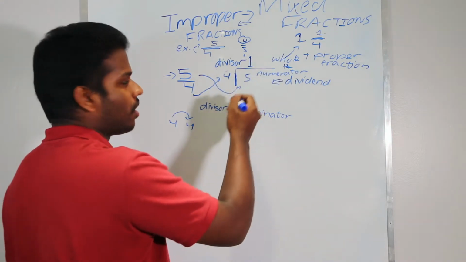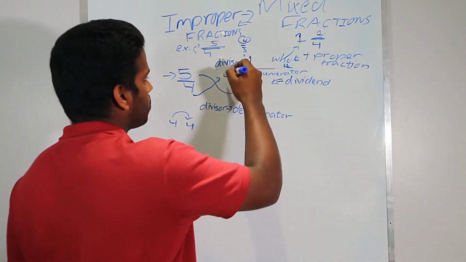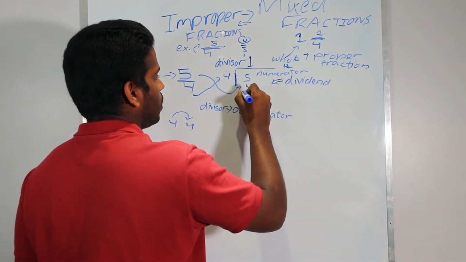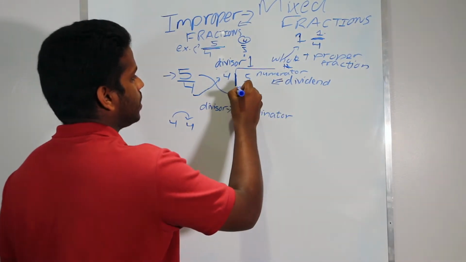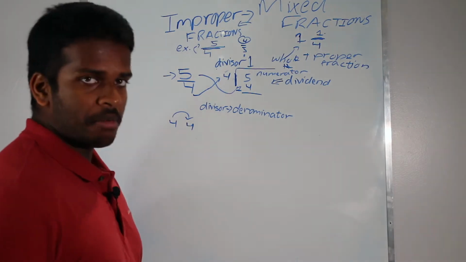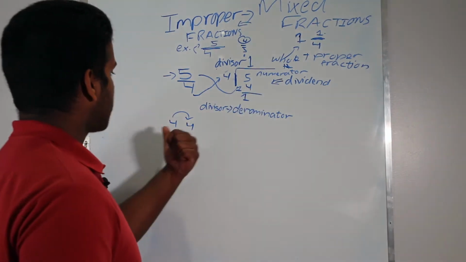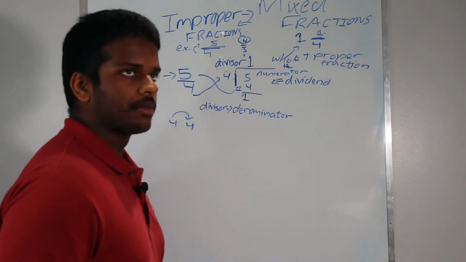So we do what we do in all long division problems. 4 times 1 is 4. Then we subtract here. 5 minus 4 is 1. And then how many times can 4 go into 1?